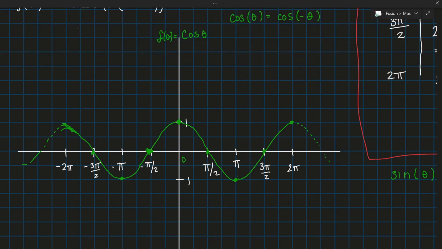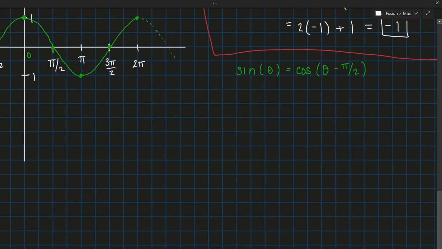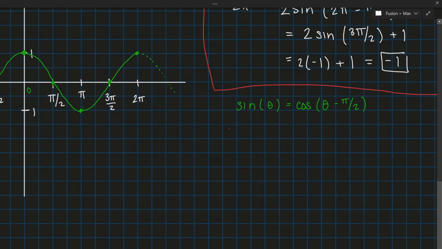But let's do an example. Let's do f of theta equals cosine of 2 theta plus pi, minus 1.